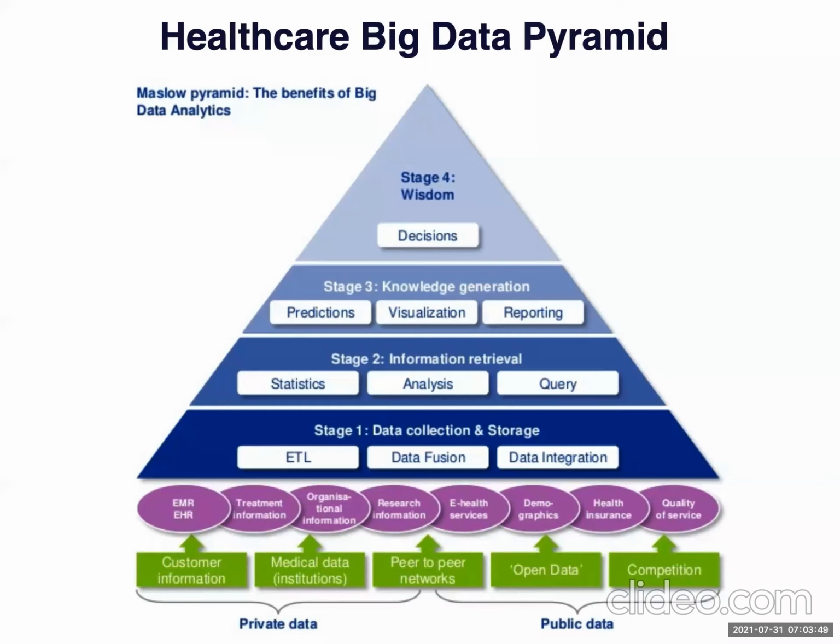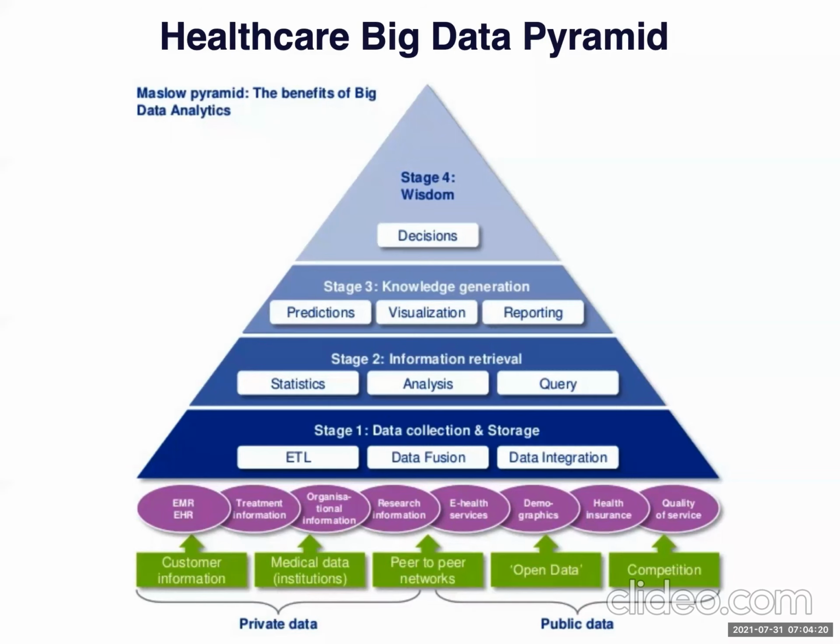this is the pyramid of healthcare big data processing. At the bottom, you have all the sources of data. Then you have to collect the data, pre-process it, and use some statistical methods, data mining, intelligent query systems, and analysis of the data using a lot of AI techniques, in order to get some knowledge.